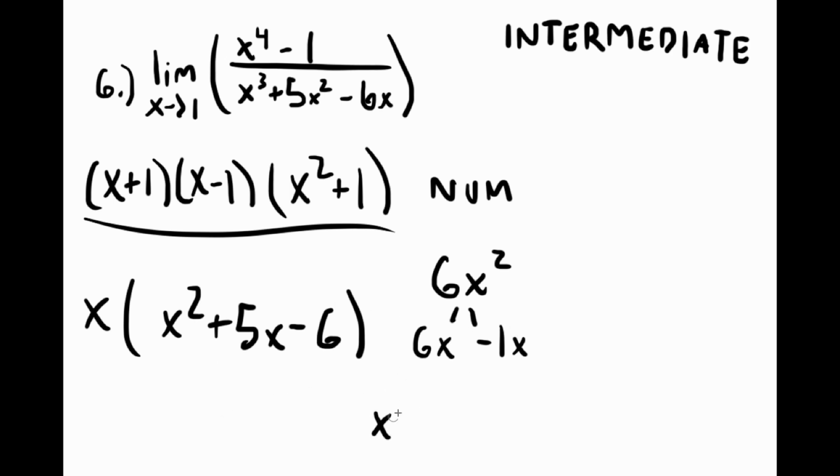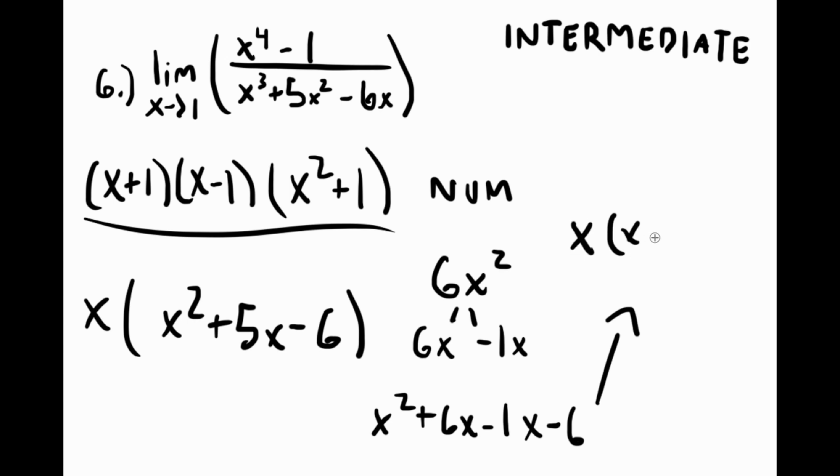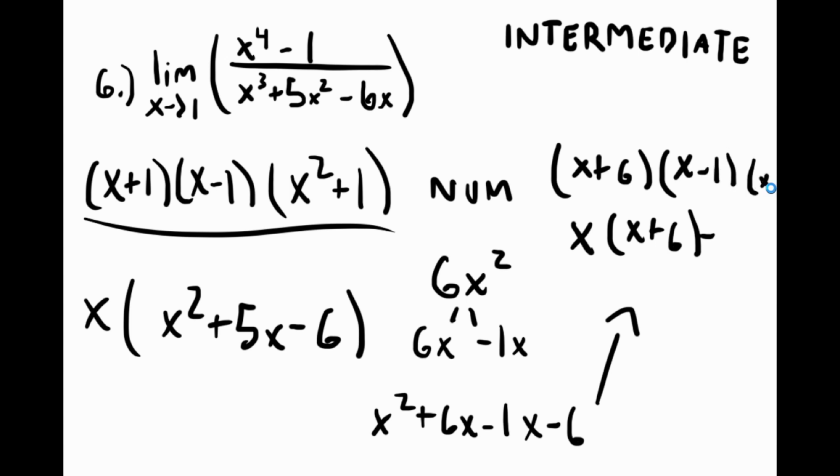This is going to be equal to x squared plus 6x minus 1x minus 6, which is going to be x plus 6, x minus 1. So our denominator is going to be x plus 6, x minus 1, and x.